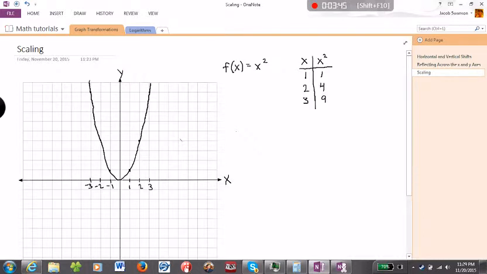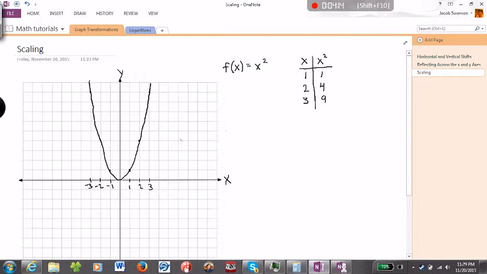Since we're talking about scaling here, we could shift this graph around, up and down, left and right, flip it across the x-axis, flip it across the y-axis, but we've already done those with straight lines, and doing it with the parabola would be a bit redundant, so we're going to focus on the scaling aspect. Scaling is essentially accomplished by multiplying a graph by some number.